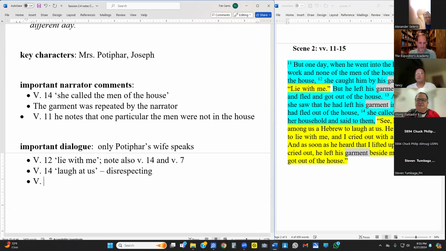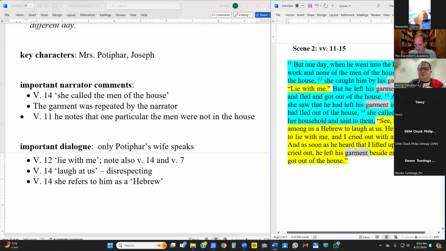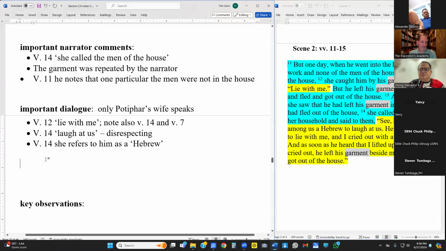There's something I find interesting. The line "He has brought us." The "he" there, is that referring to Potiphar? Sorry, where are you at? "He has brought among us." The "he" there. Oh, yeah. That's a good observation. I would put that under observation.